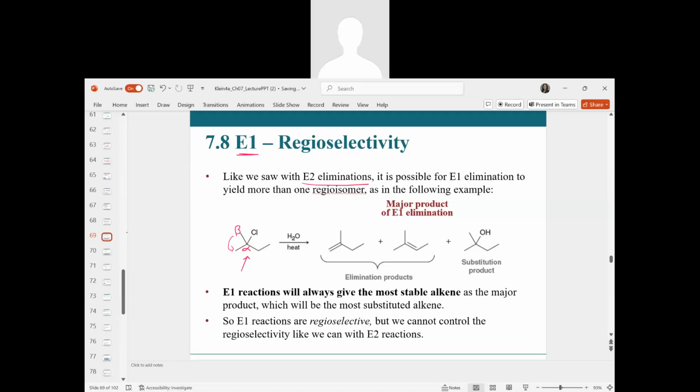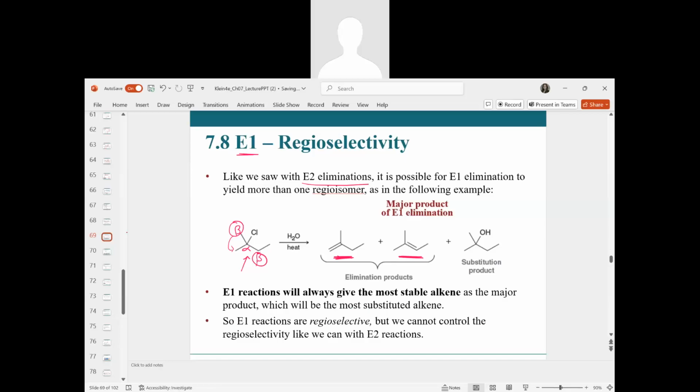These two are the same. And then we have a beta carbon here, both of which have protons that could be deprotonated, that could be removed. So if we were to remove a proton over here, we would generate this first product. If we were to remove one over here, we would generate this second product.